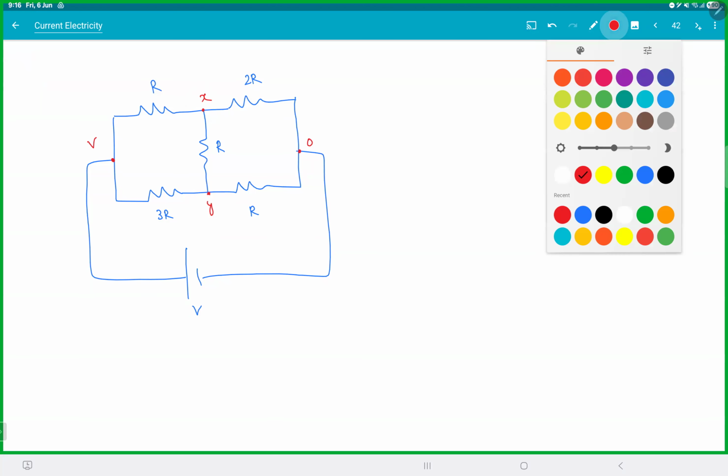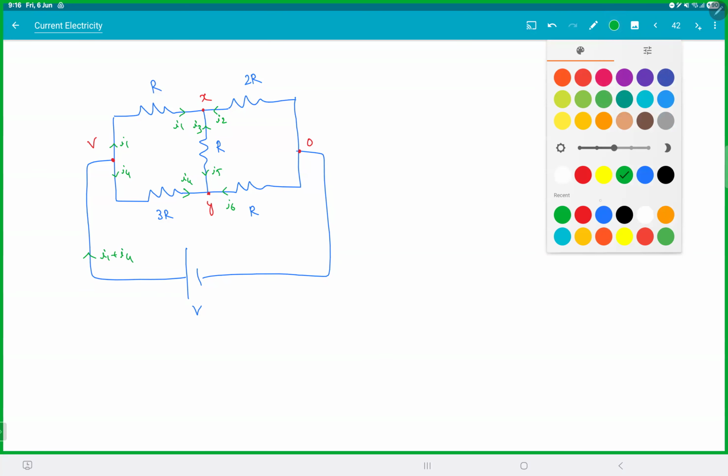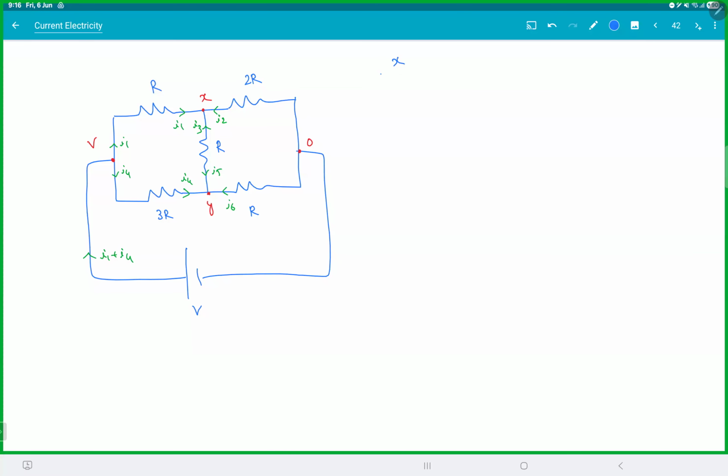Then this will be I1, I2, I3, I4, I5, I6, and this is I1 and this is I4. So through the battery, the current is I1 plus I4. If you write at junction X, I1 plus I2 plus I3 is 0.